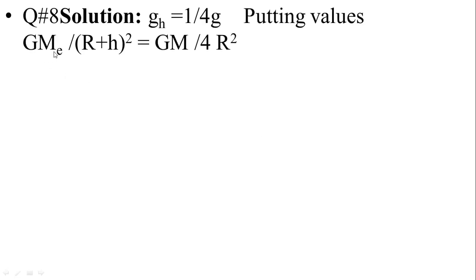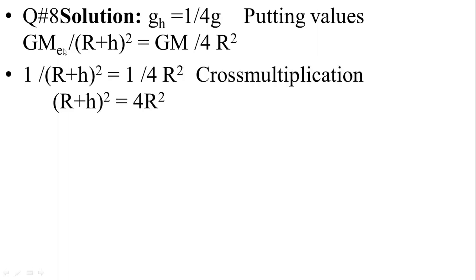Now, G M_E upon (R plus h) whole square and 1 upon 4 G M_E upon R square. G M_E cancels by G M_E, then the equation becomes 1 upon (R plus h) whole square is equal to 1 upon 4 R square.